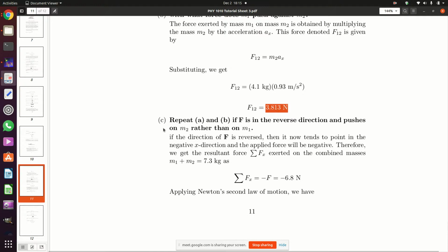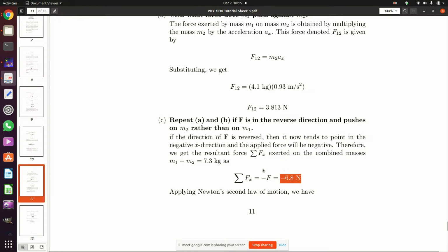Part C. Part C reverses this problem. The force is turned, it's reversed. If the force is reversed, then our force points in the negative x direction. And since there is only one force present, this force becomes our resultant force and is going to be negative because it's now pointing in the negative direction.